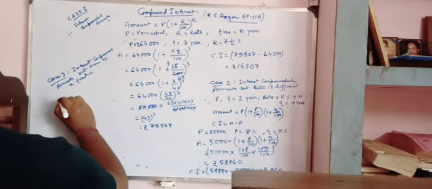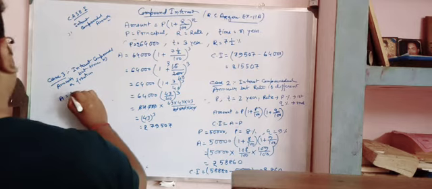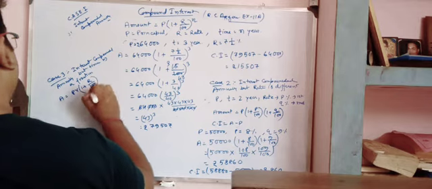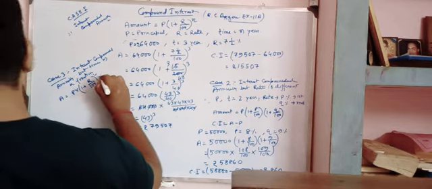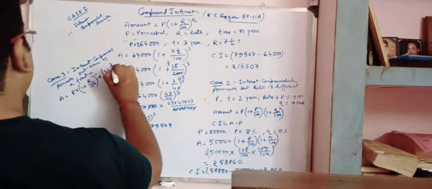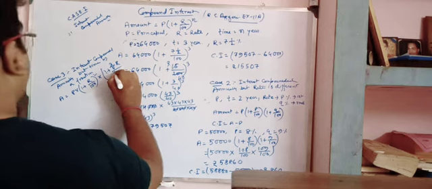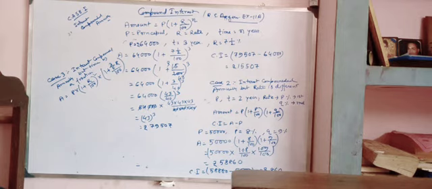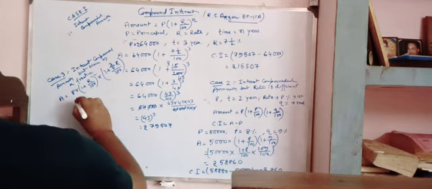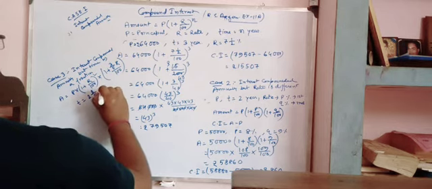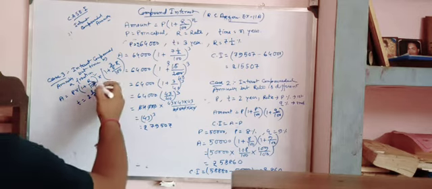So in that case the amount will be P into 1 plus R by 100 whole square into 1 plus 3 by 5 R by 100. Actually, I forgot to write here, suppose the time here is 2 whole 3 by 5 years.